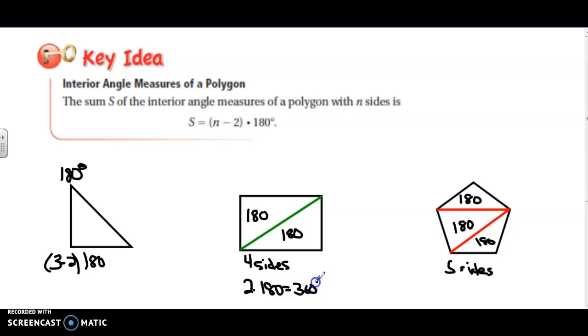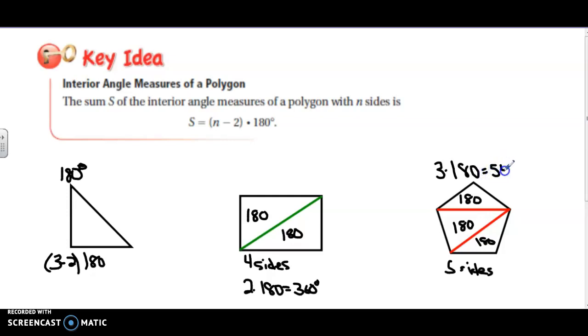So the sum of the interior angle measures in a 4-sided polygon, or rectangle, or square, or any quadrilateral, would be 360 degrees. If it has 5 sides, we do 5 minus 2, which is 3, and then 3 times 180, which is 540.